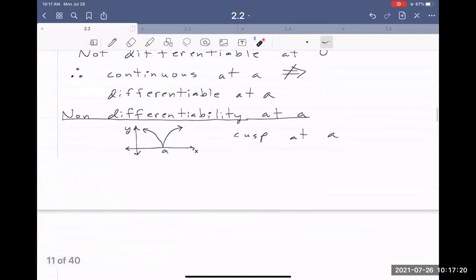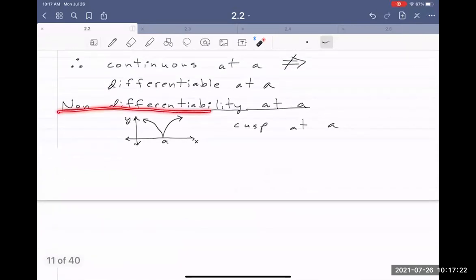So let me look at how can I be not differentiable at a? Well, one way is having a cusp. If you look at the graph of y equals x to the 2/3, the graph will look something like what I've just drawn here.